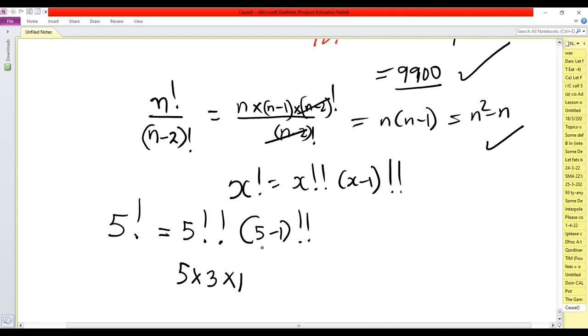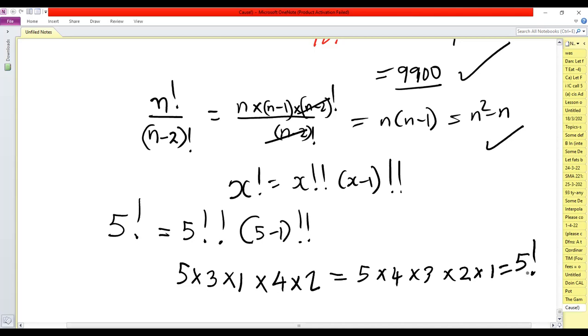And 4 double factorial, because 4 is an even number, we use the second formula, so it will be 4 times 2. When you rearrange this, it's the same as 5 times 4 times 3 times 2 times 1, which is the definition of 5 factorial. Therefore, x factorial is the same as x double factorial times x minus 1 double factorial.